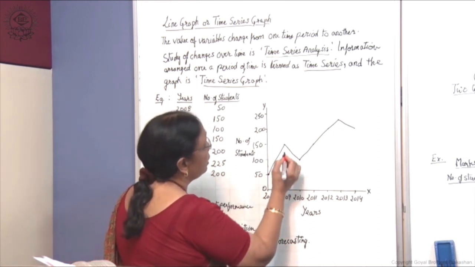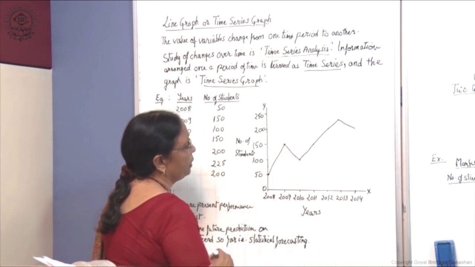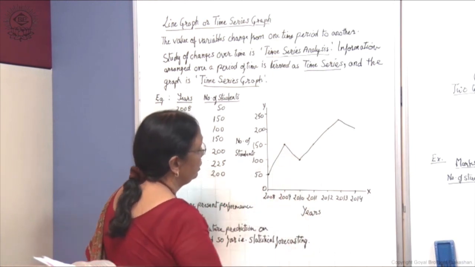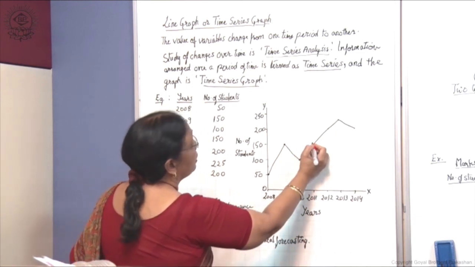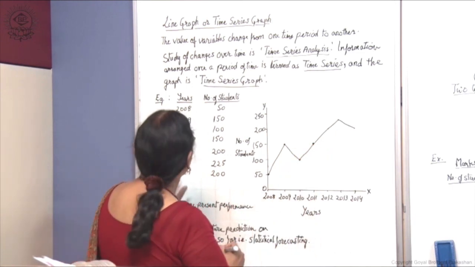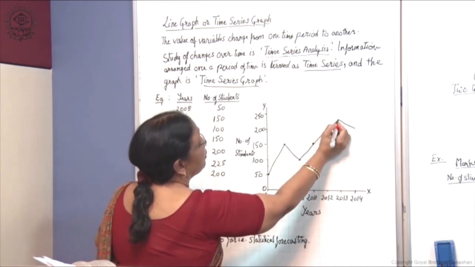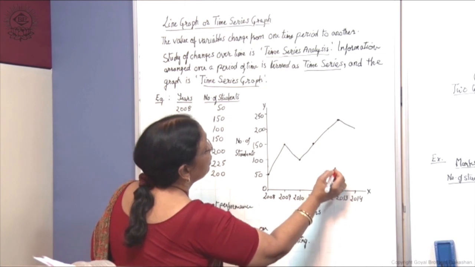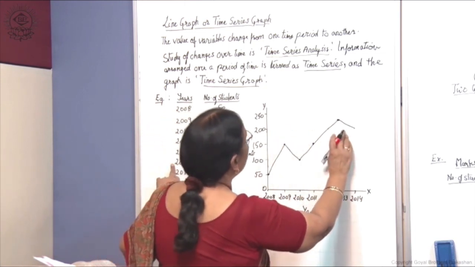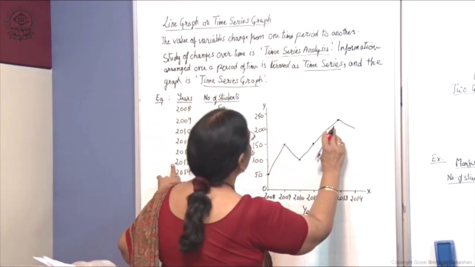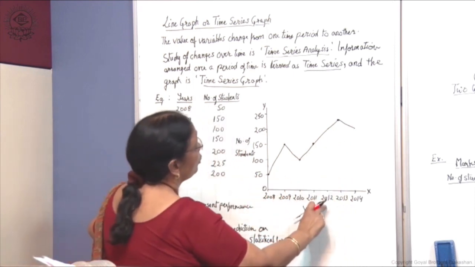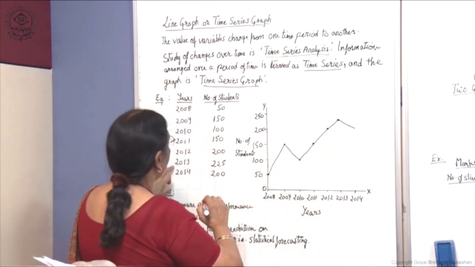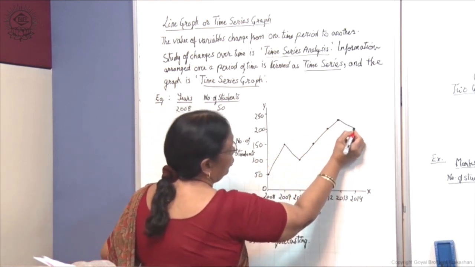This is 2009, total number of students 150. 2010, number of students 100. 2011, this is 150. 2012, 200. 2013, 225. Then 2014, 200.